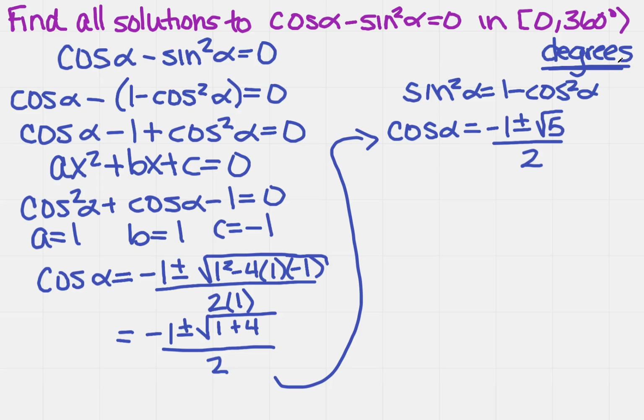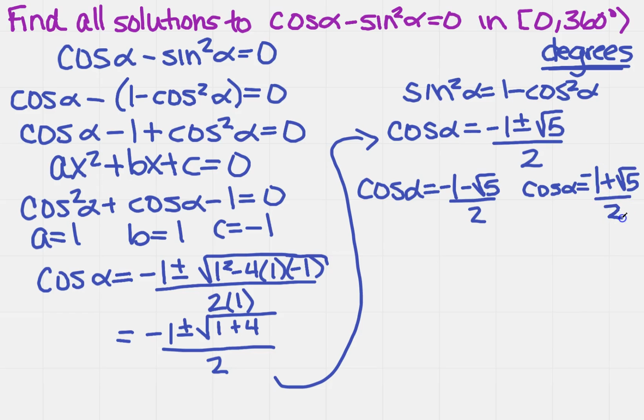So I need degrees; I don't need anything that's got a radical in it. There are actually 2 solutions: cosine alpha equals minus 1 minus the square root of 5 over 2, and cosine of alpha equals minus 1 plus the square root of 5 over 2.